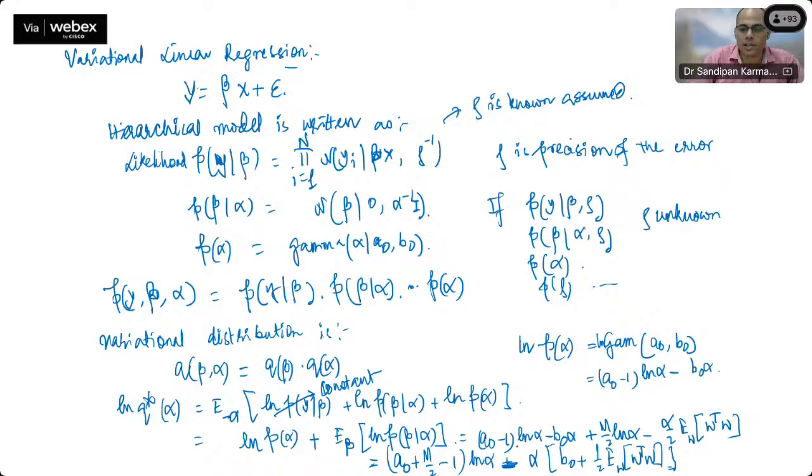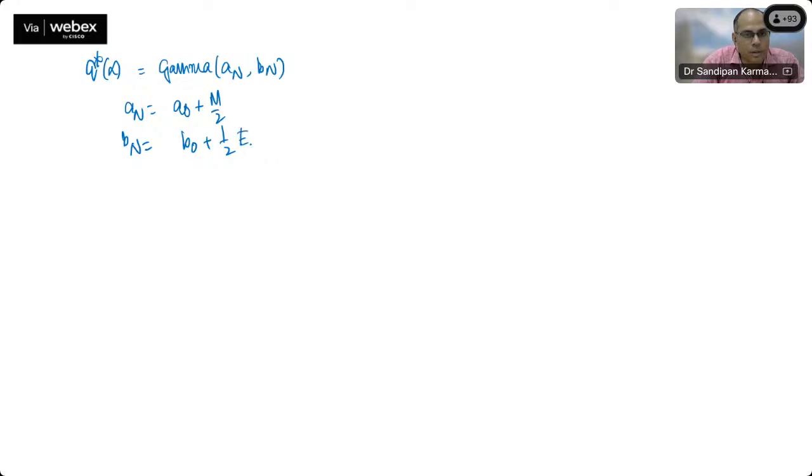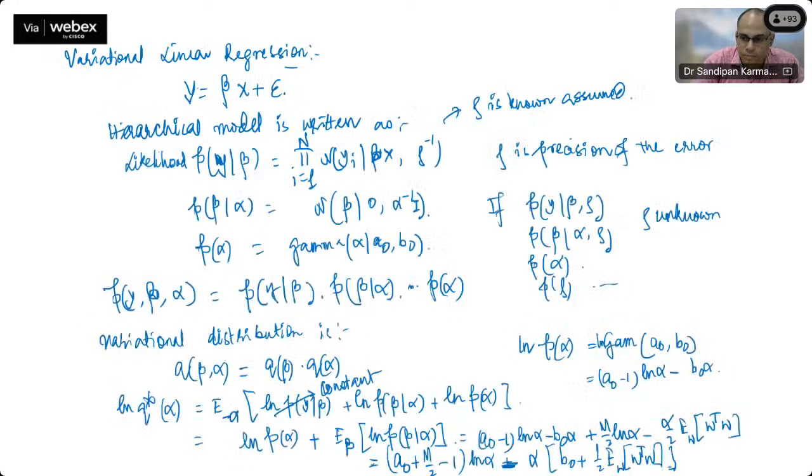So this is coming as a gamma distribution. So Q star of alpha is coming as a gamma distribution with an and bn parameters, and an is a naught plus m by 2, and bn is b naught plus half expectation of, sorry, this one is beta transpose beta with respect to beta.